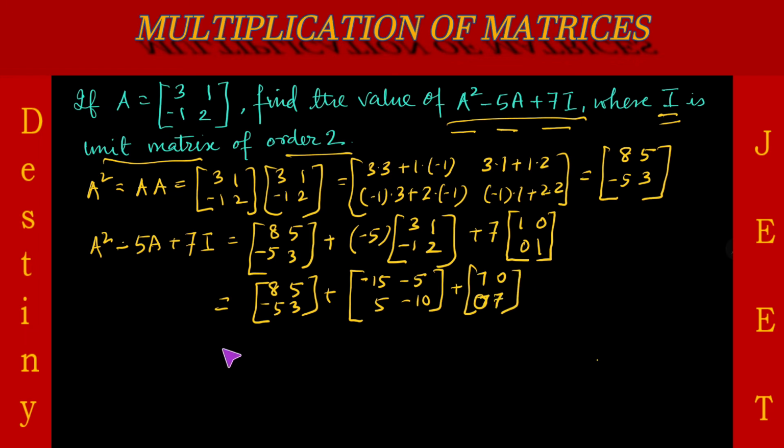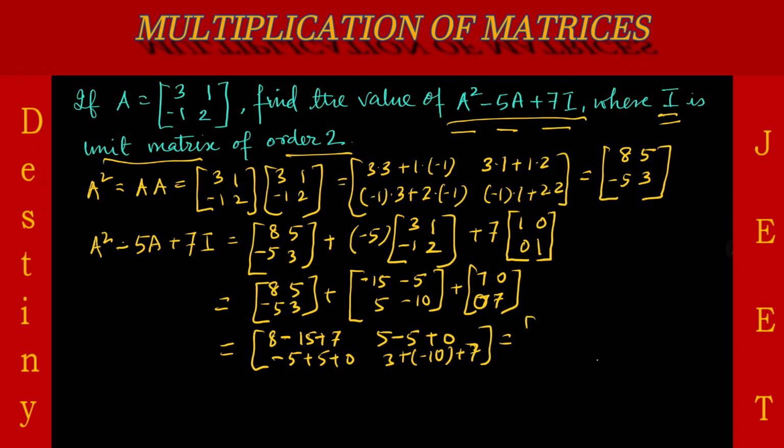And that comes to what? 8 minus 15 plus 7, 5 minus 5 plus 0, minus 5 plus 5 plus 0, 3 minus 10 plus 7, and finally we get 0, 0, 0, 0. Then we can say it is a zero matrix.